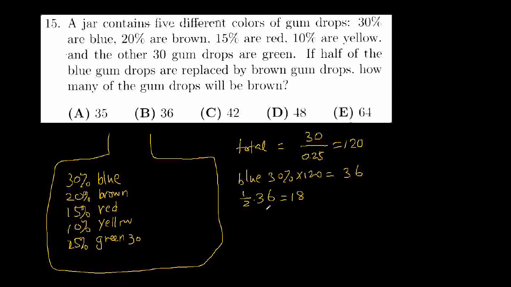Replaced by brown, how many gum drops will be brown? So brown will be increased by 18, to what it already had. Brown used to be 20% times 120, equal to 24. Add them together, you have 42 brown in the jar. So the answer is C.